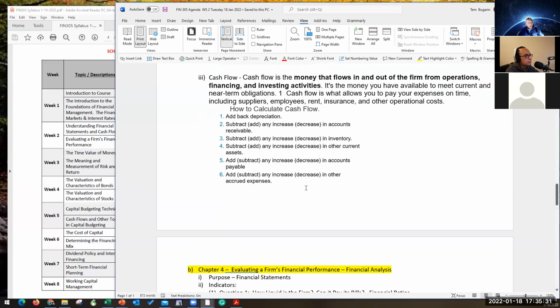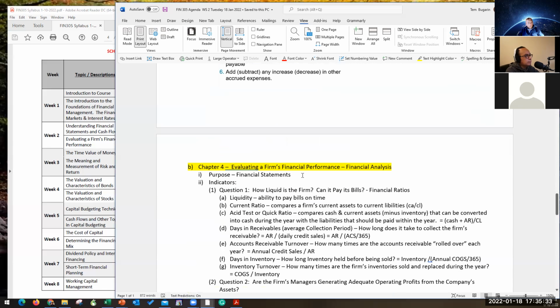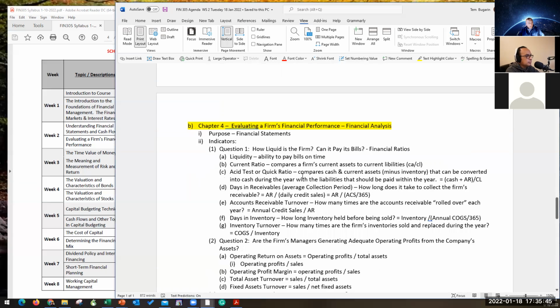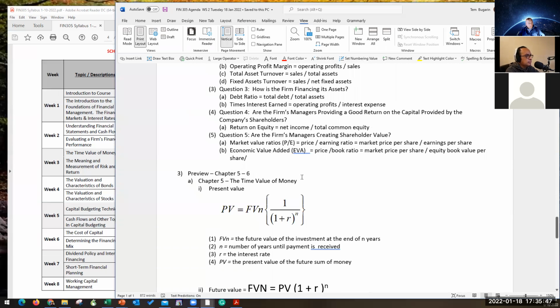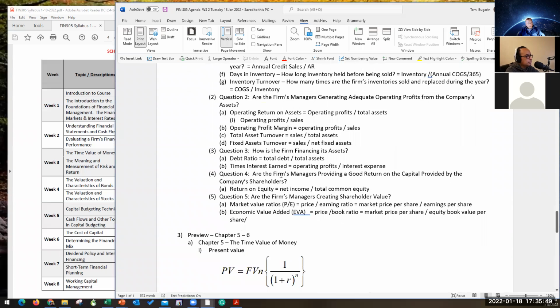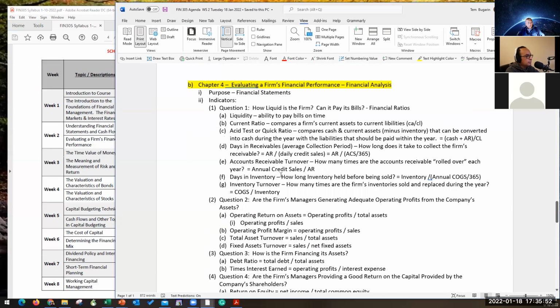Now, chapter 4, evaluating a firm's financial performance, is just as important because it constitutes what is considered financial analysis. There are about 5 questions that chapter 4 addresses. And this is all about evaluating a firm, an organization.